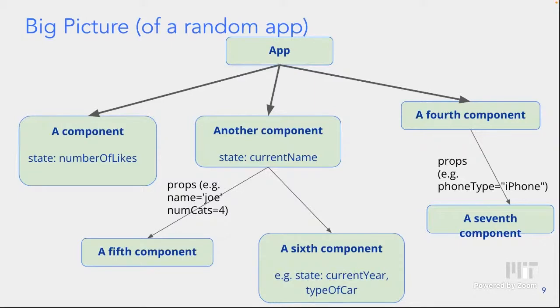For example, in the code of another component, you can include fifth component. And when you include fifth component, you can pass in name equals Joe, numcat equals 4. And then you'll have those props to access inside of fifth component.